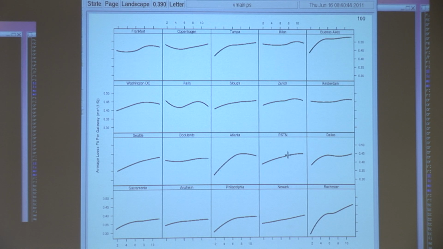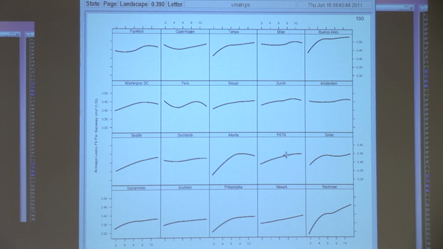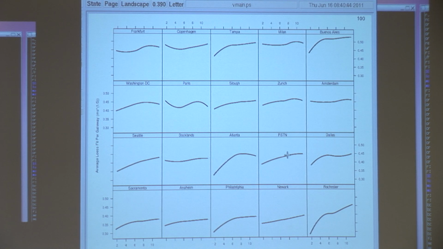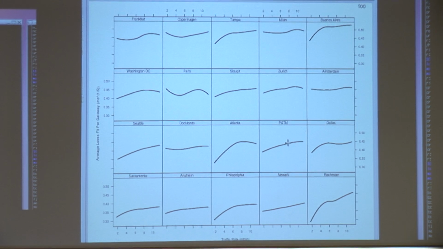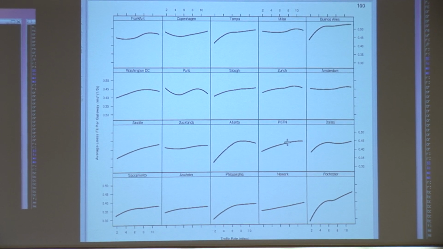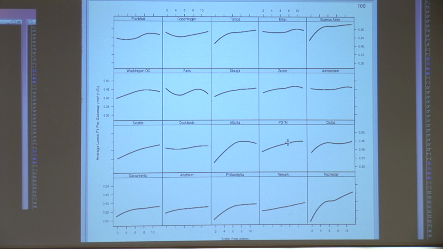We had to figure out what we should fit to these data. We didn't know if it was linear, quadratic, exponential, whatever. We had no idea. So we took 100 samples from each site in order to be able to do the model building. The machine is not going to figure this out. People have actually tried to build automated systems that, given 50 observations of Y and X, find something that fits and puts a curve through it.